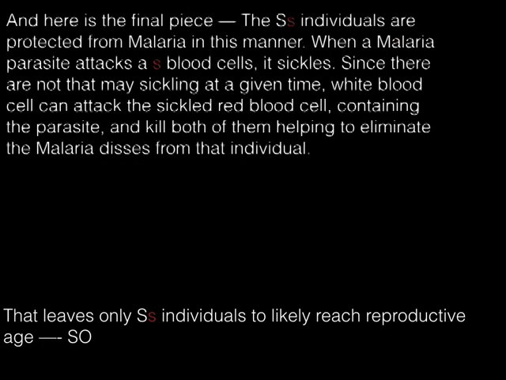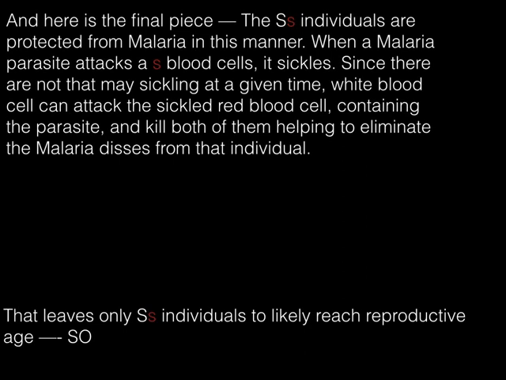So, there's a final piece. The heterozygote individuals are protected from malaria in this manner. When a malaria parasite attacks a sickle allele type blood cell, it sickles. It's another stressor.